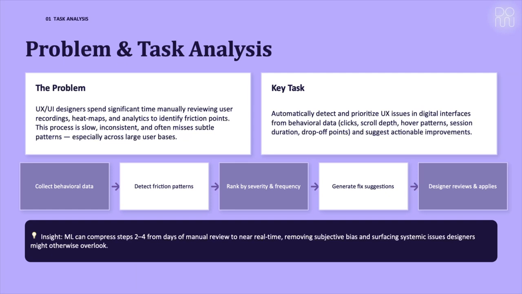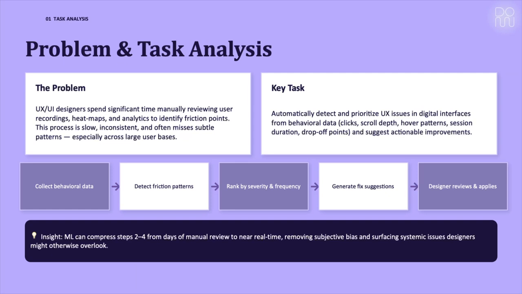The key task of this would be to automatically detect and prioritize UX issues in digital interfaces from behavioral data, clicks, scroll depth, everything that we review nowadays, and even further, and suggest actionable improvements. The idea is that we collect behavioral data, detect the friction patterns, and rank by severity and frequency.